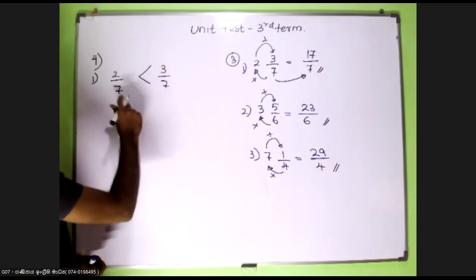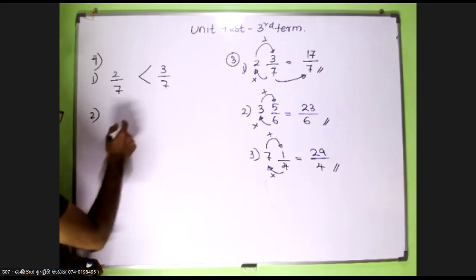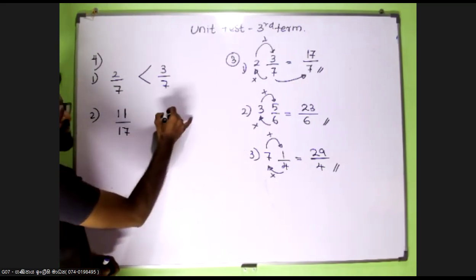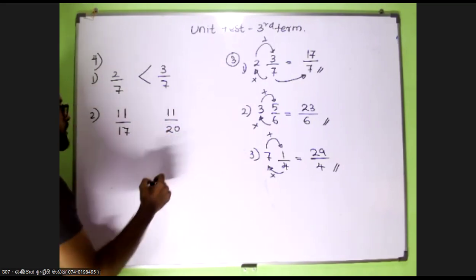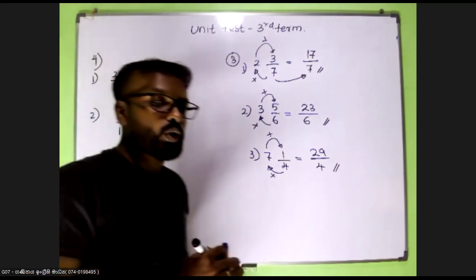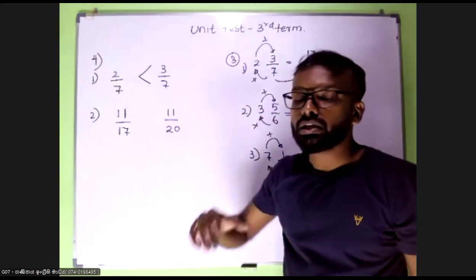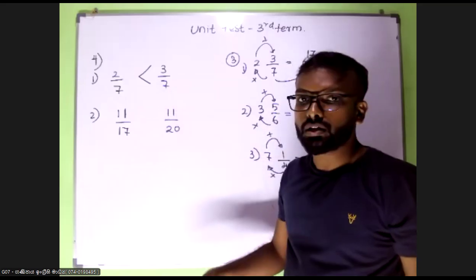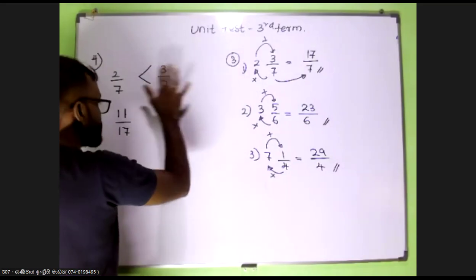7 and 7, right? Second one, 11 upon 20 and 11 upon 17. So in this kind of situation, if your numerators are equal, just forget them.